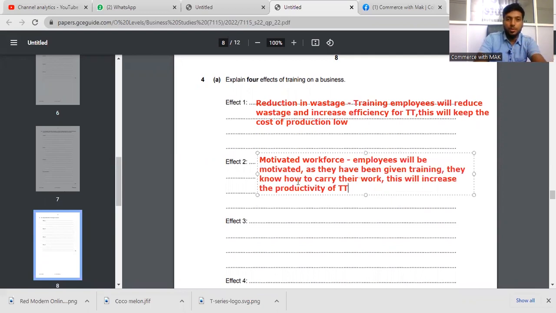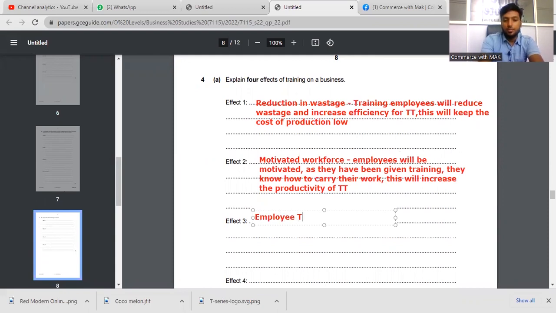Then I'll also speak about the negative thing: employee turnover. Yeah, so the third effect is going to be employee turnover. People are leaving the company after getting proper training. So employees will leave the company after getting the complete training.